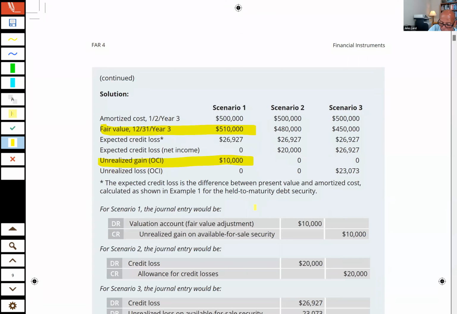Okay, then what? If the amortized cost is 500 and the fair value is 480, then what? Then we have this expected credit loss of 26,927, guys, which came from the previous example where we discounted those cash flows.